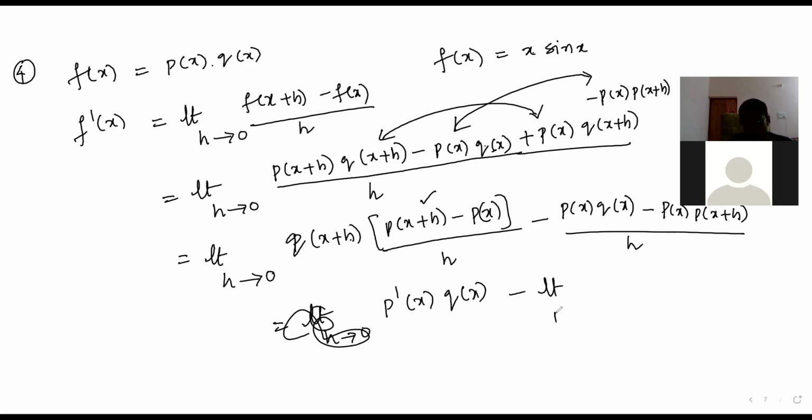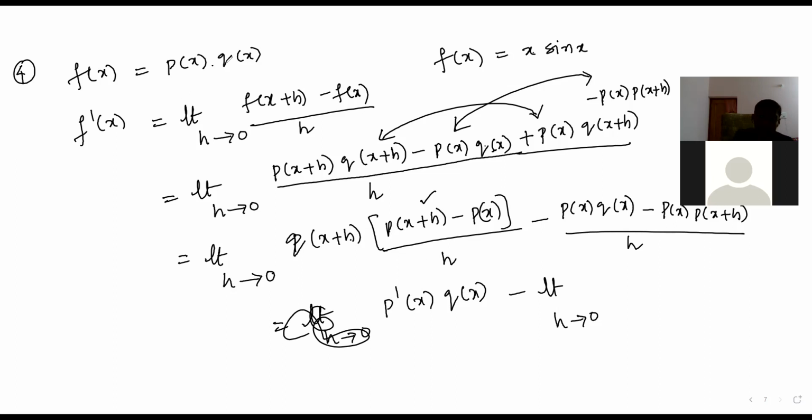Minus limit h tends to 0. Here, one more here. What is the p of x? This is p dash of x into q.